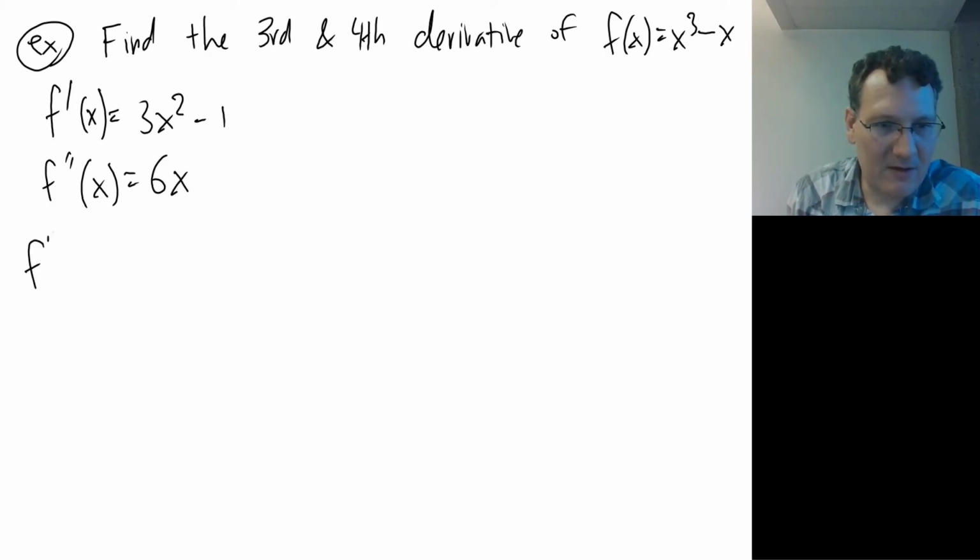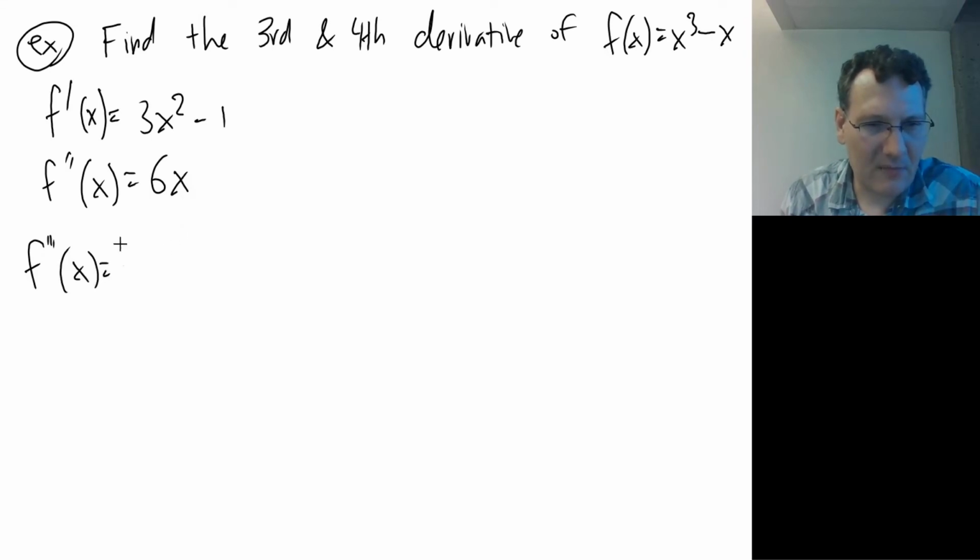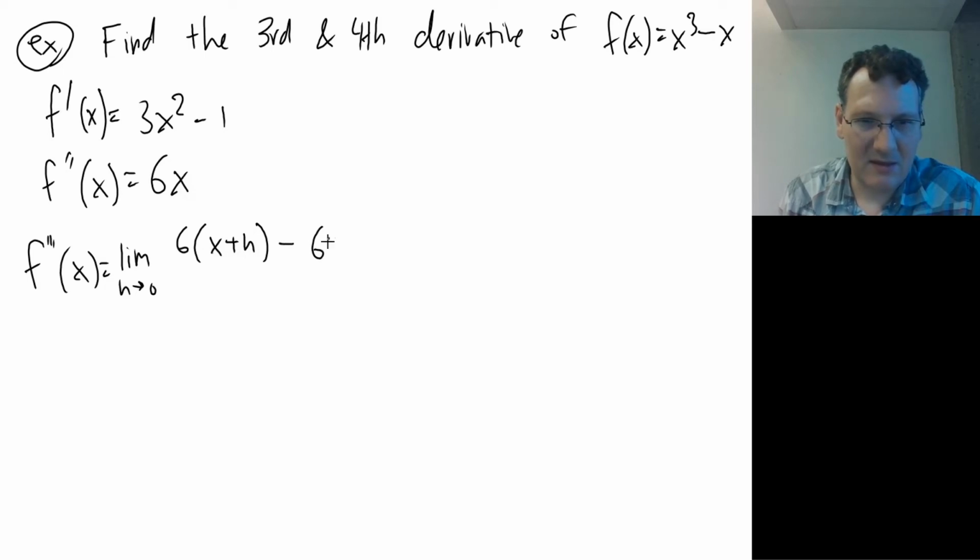Well, f triple prime of x is going to be the limit as h goes to 0 of the function f double prime of x plus h, which is 6 times (x plus h), minus f double prime of x, 6x, all over h. This is a little simpler to do because nothing is squared.